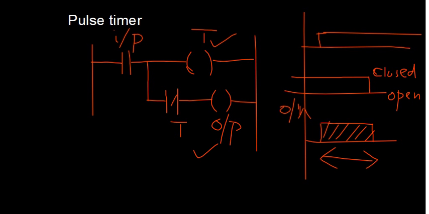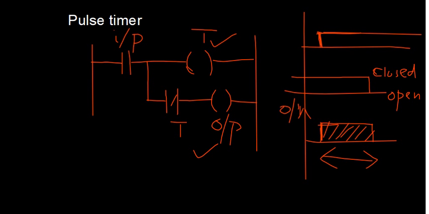So it is very simple now. At this instant, your output is also going to get activated, and now depending upon the time setting here, the timer contact is going to get closed if it is a normally open contact, or it is going to get opened if it is a normally closed switch, right.